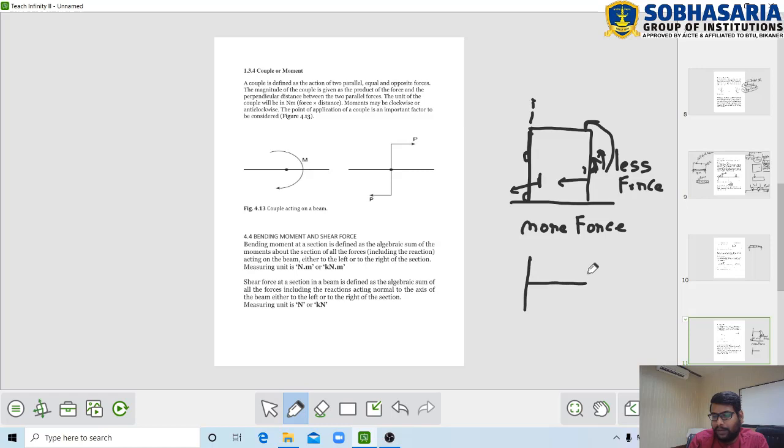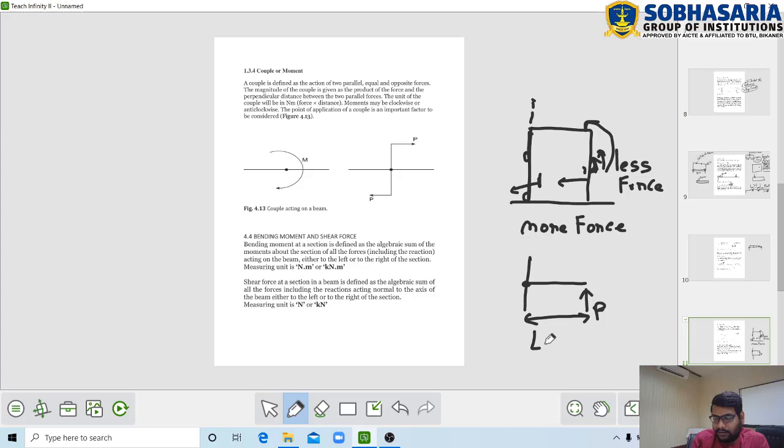The bending moment is usually calculated like this. If we want to calculate how much bending moment arrives at this point, it is nothing but the load applied multiplied by its lever arm distance.